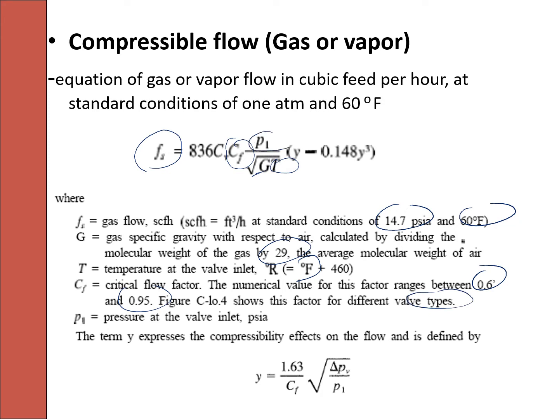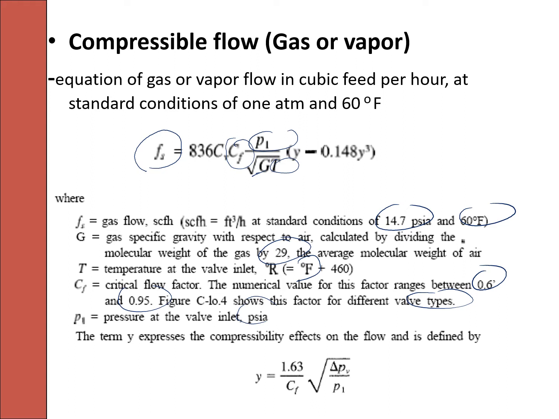For the P1 here, the pressure at the valve inlet is in psia. So if you get the pressure in psig, you need to add 14.7 to get the psia value.